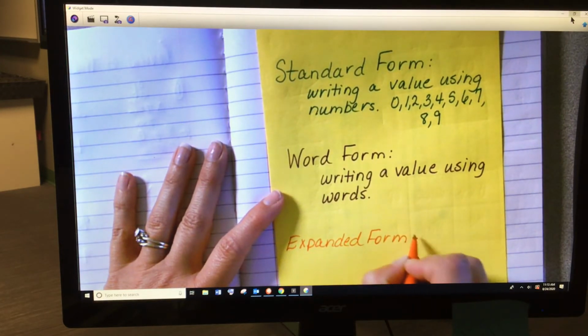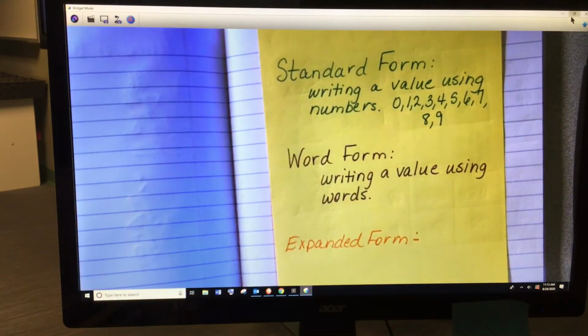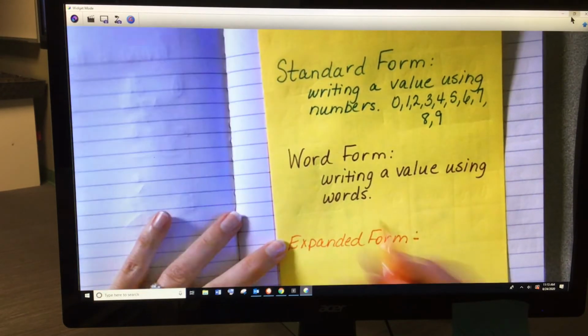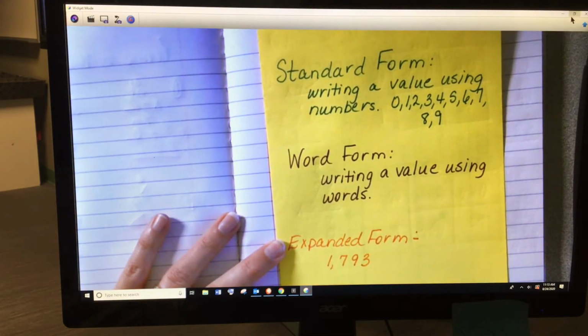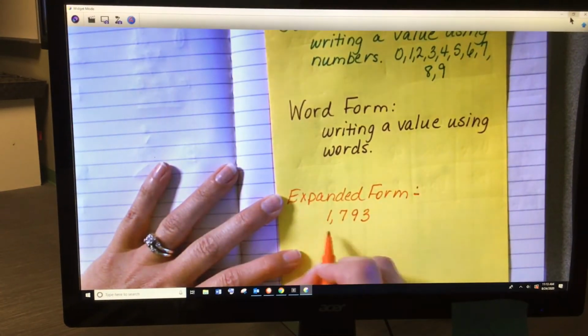Now, expanded form is a way to write a number using its digits, and it looks like an addition problem. So, for example, if I had 1,793, remember expanded form?